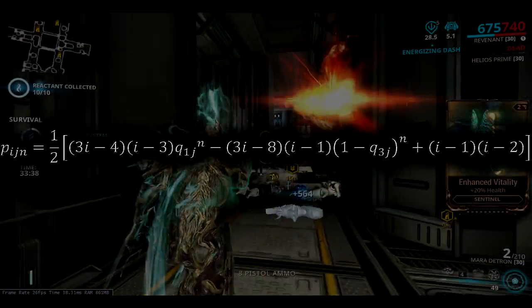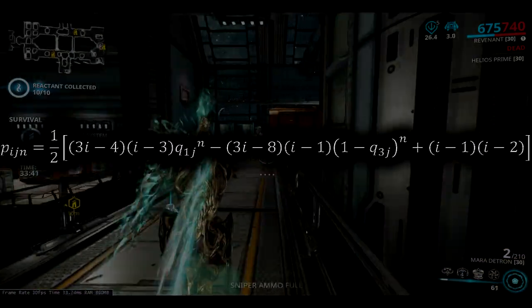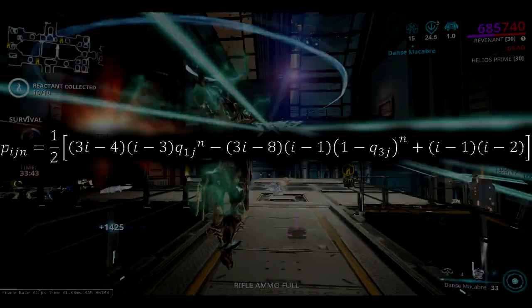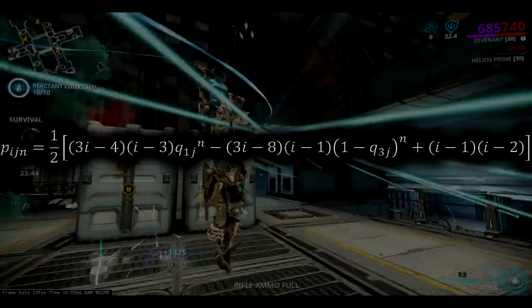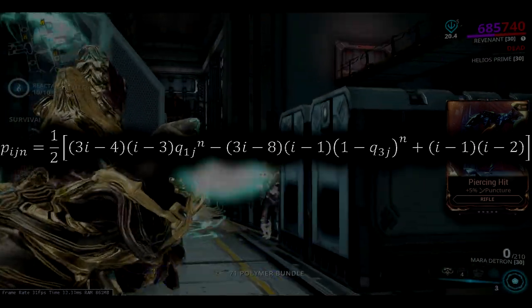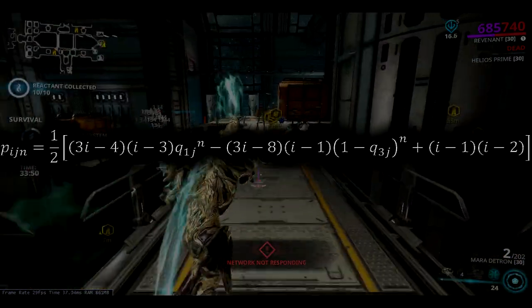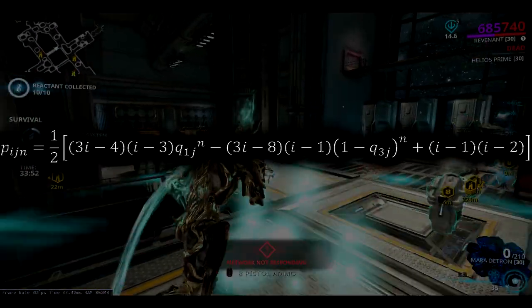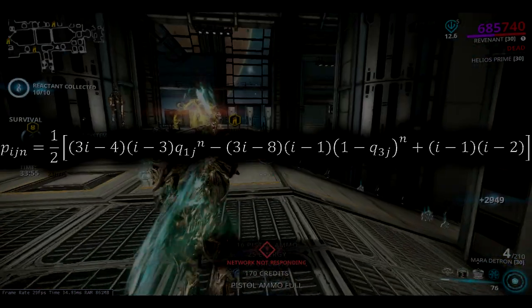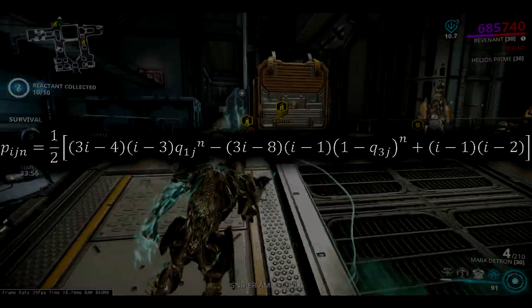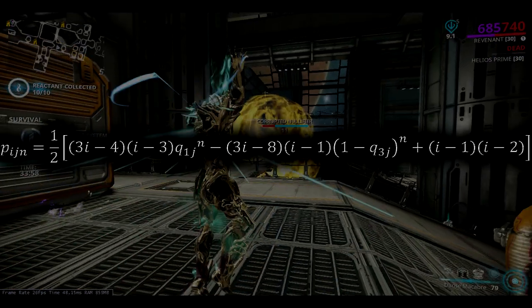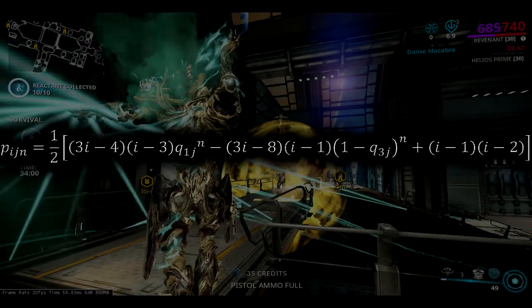There's an interesting quirk after you simplify, due to the nature of how the equations for P1, P2 and P3 came out, that this formula is independent of Q2j. It doesn't appear in here, so technically all you need to know are the probability of the common item for one relic and the probability of the rare item from one relic.